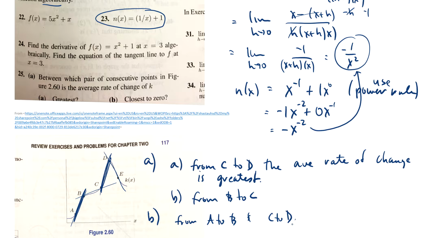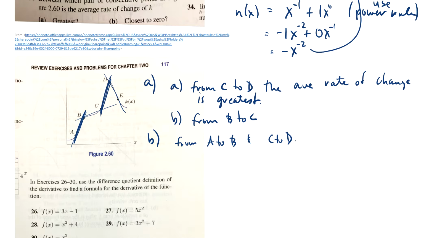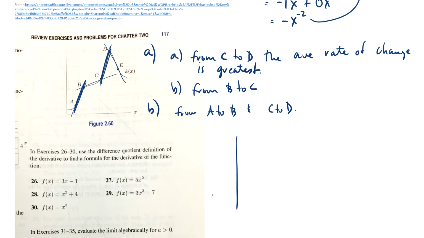Okay. Make sure that you're really clear on what an average rate of change is. Because if this is my position, this is my time, and I go like this, the slope of the tangent line is my instantaneous rate of change, or my speed. So I'm going much faster here than I am here.